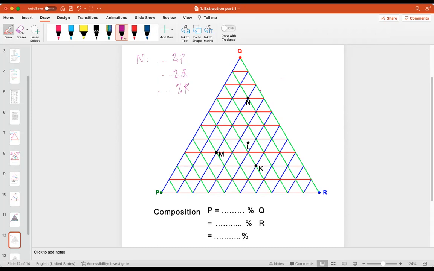This is 0% P, and then this one is 10% P, this line is 20% P, 30%, 50%.